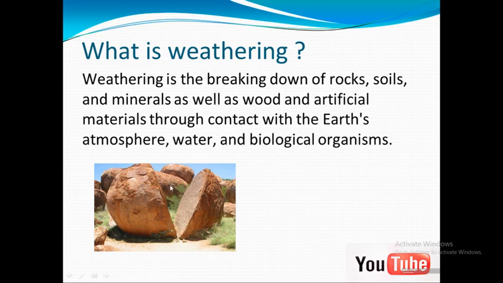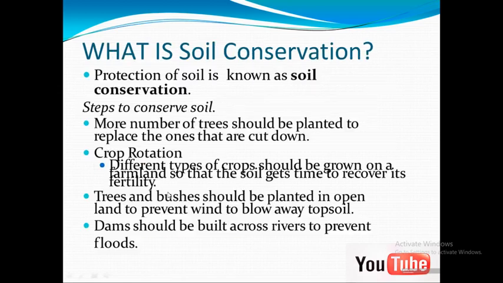This process is called weathering, and if it is seen in rock, it is called the weathering of rock. So weathering is nothing but the breaking down of rock and soil.